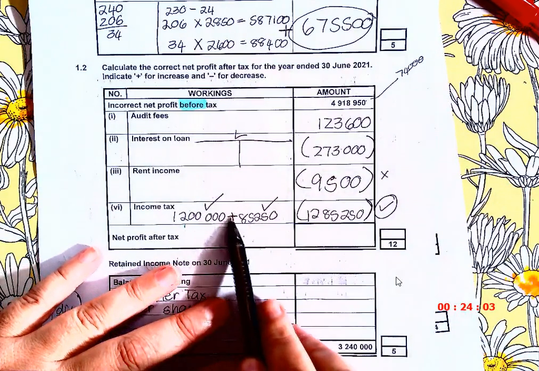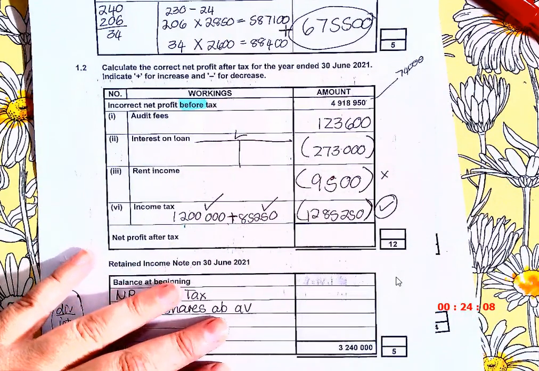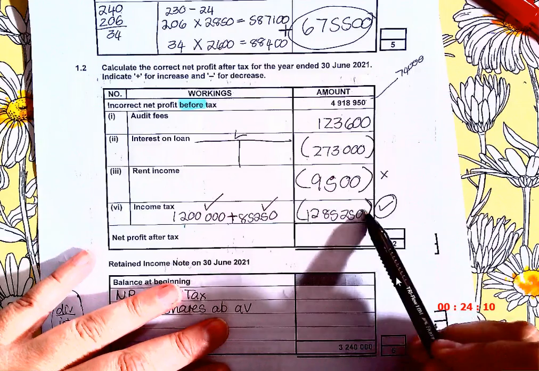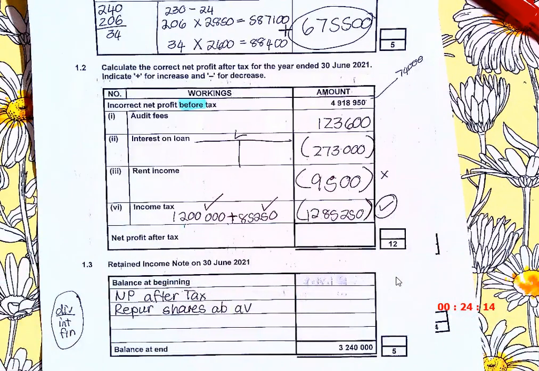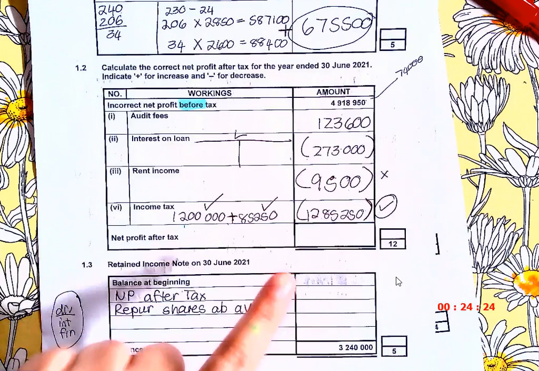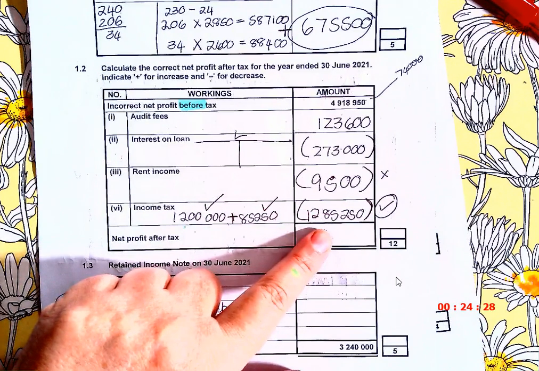Say you said minus 85, you will get 1, 2. Let's say you only put in the 85, you'll get 1. So from that 3, you'll get at least 1. Why? Because here you want to show your expense. You don't want to show how much you paid. You want to show what is your tax expense.